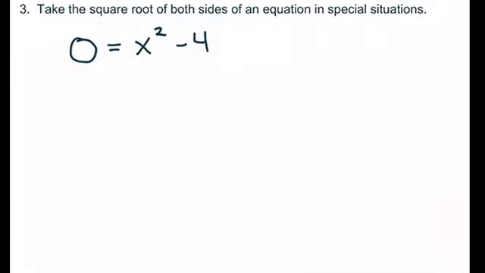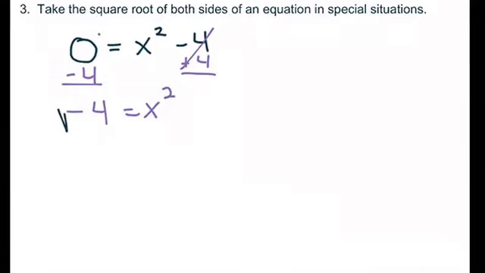Now the third way of finding solutions to a quadratic, if we have a situation where we have x squared minus a number, we can always just add that number to the opposite side. We added 4 to both sides, and we get x squared equals 4.